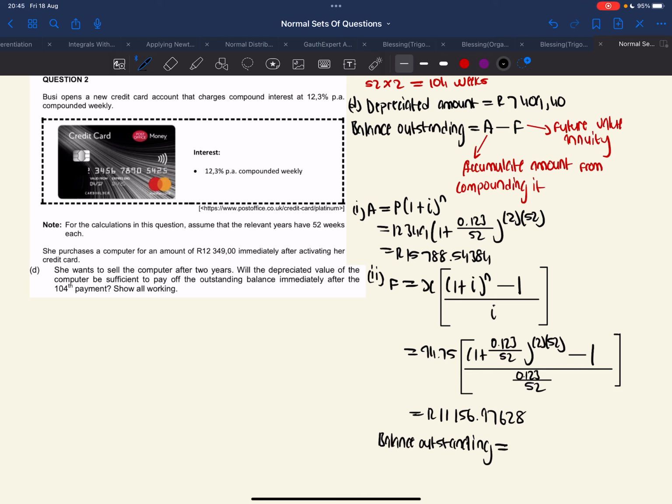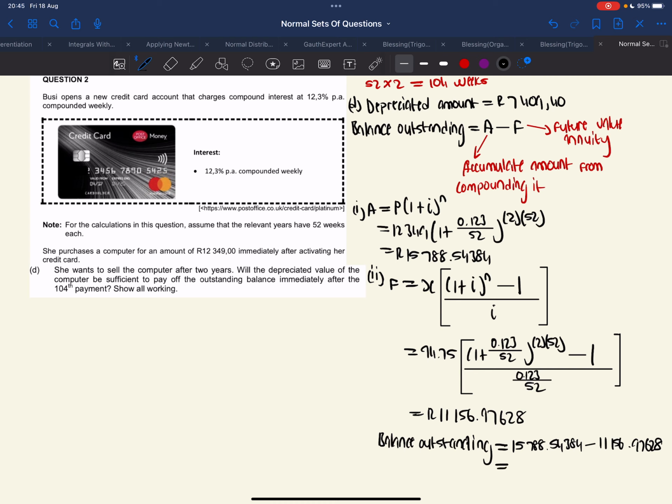So our balance outstanding we should now have as 15788.54384 minus 11156.97628.